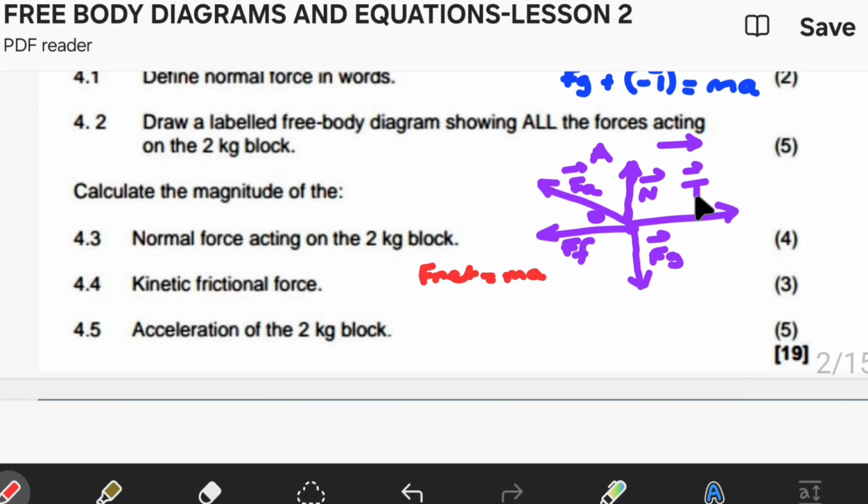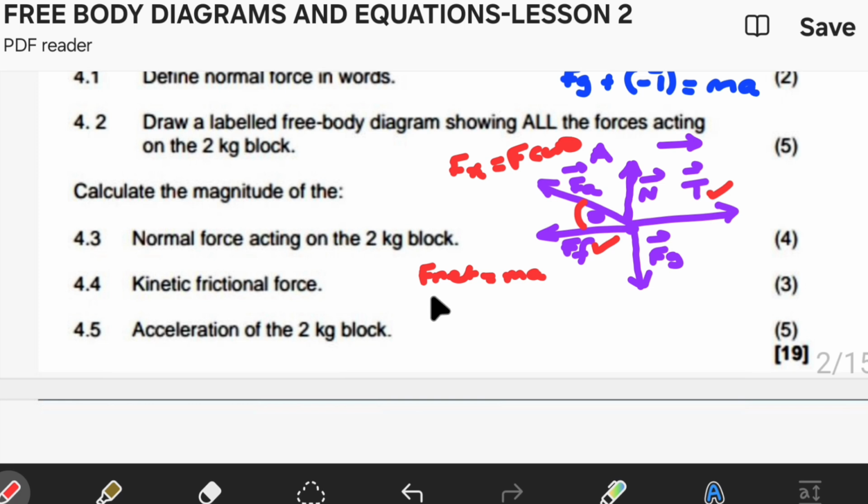We have tension, it is acting parallel to the plane. We have frictional force, also parallel to the plane. And we also have F at x, also acting parallel to the plane. Don't forget that F at x is found using F cos theta, right?